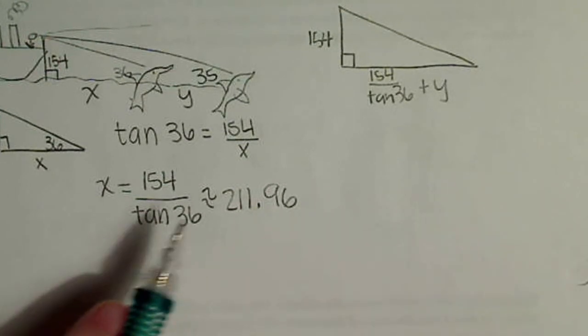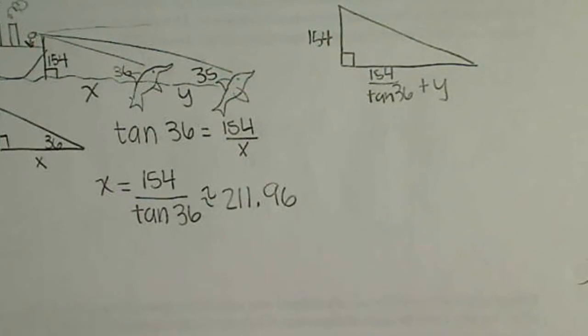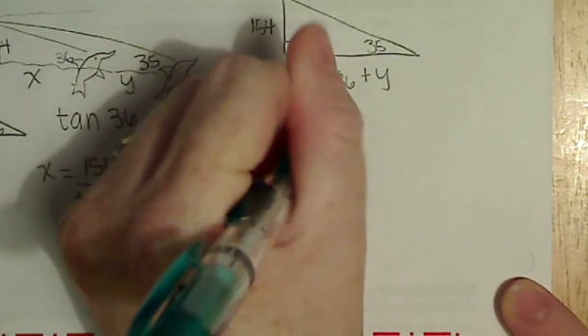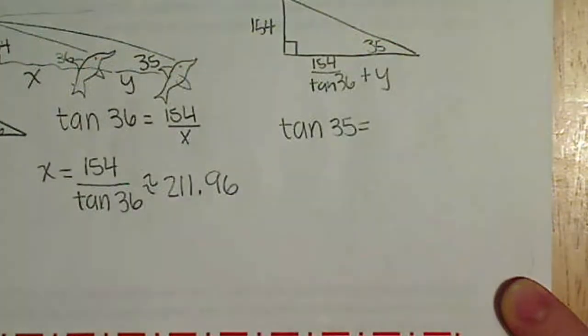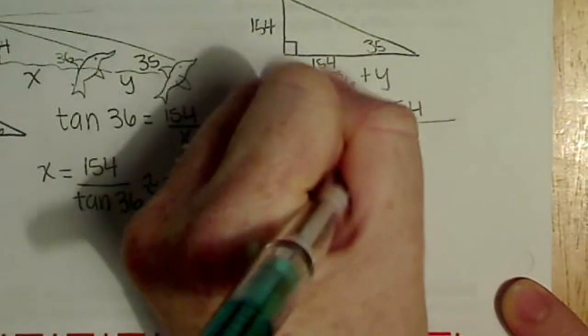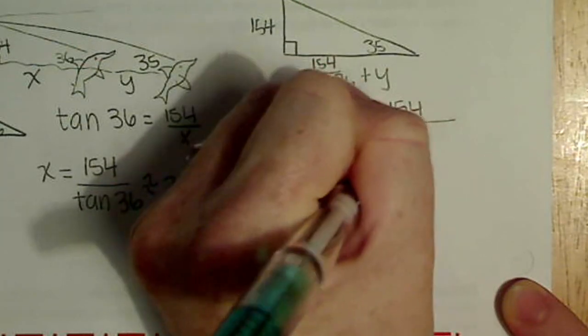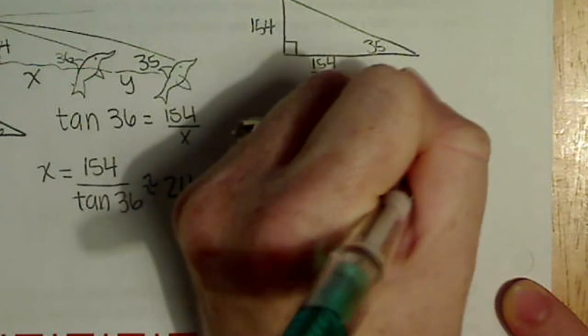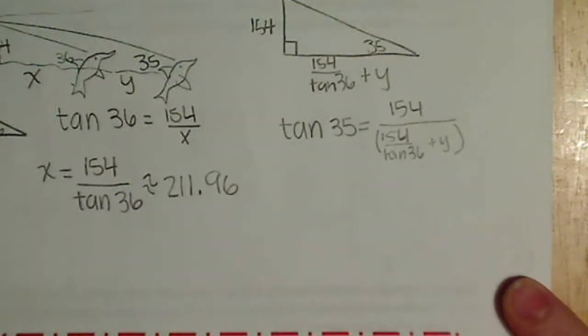We want exactly. So let's figure this one out. And this angle is 35. We're going to use tangent again. Tangent of 35 equals opposite 154 over that whole long thing.